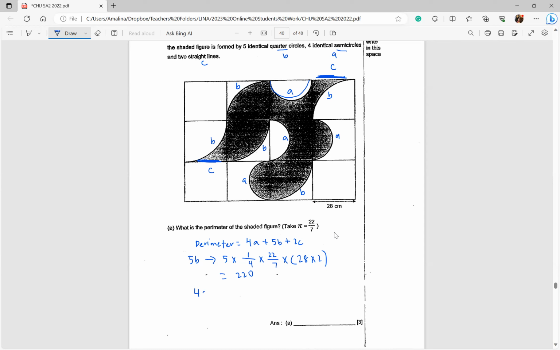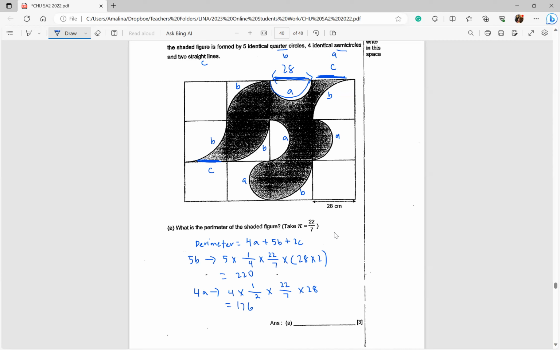And then for your semicircles, it will be 4 times your half. So 4 times half times your 22/7, and then times 28, because for my semicircle the diameter here is 28 cm. So I get 176 for my semicircles.